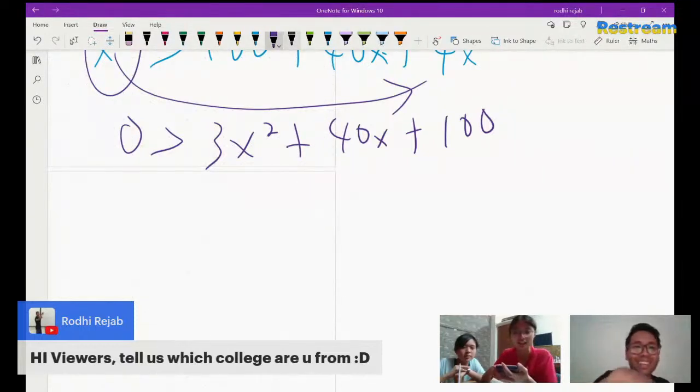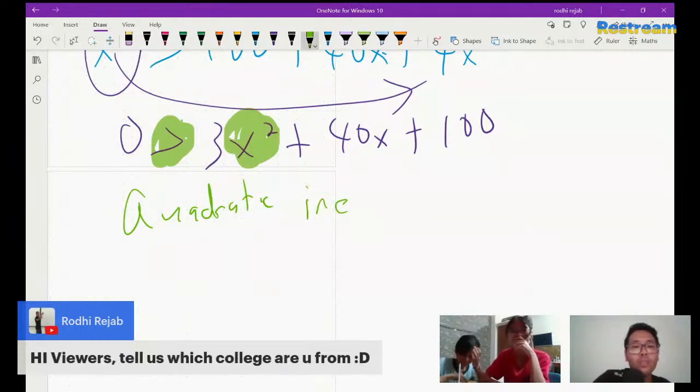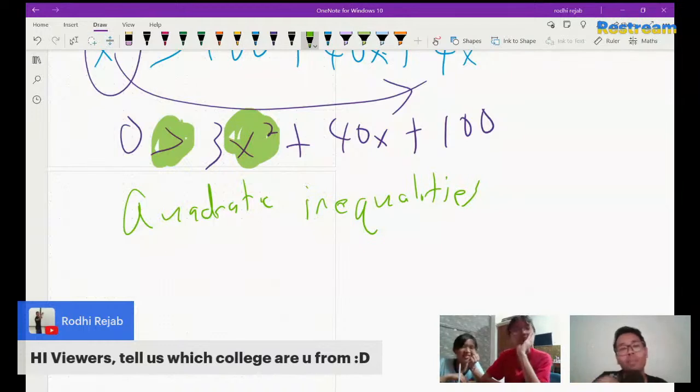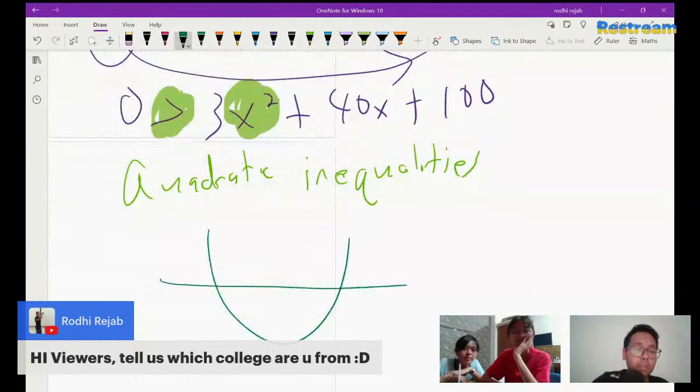Okay. All right. So since you can see here, we got ourselves an x squared inequality. So it means quadratic inequalities. And since now you got quadratic, you need to listen to this one as well. When you get these quadratic inequalities, then only you use the smiley graph method.